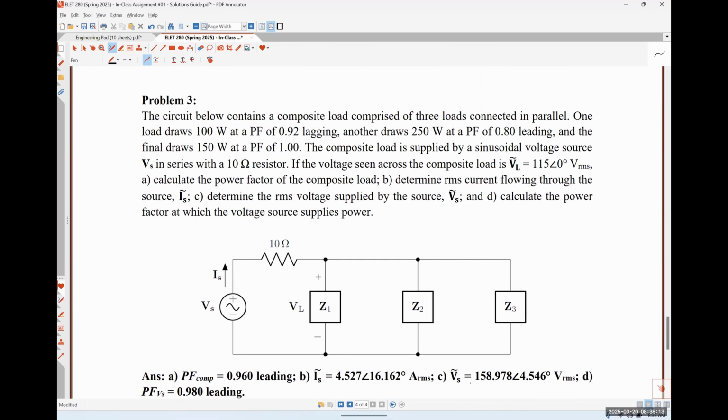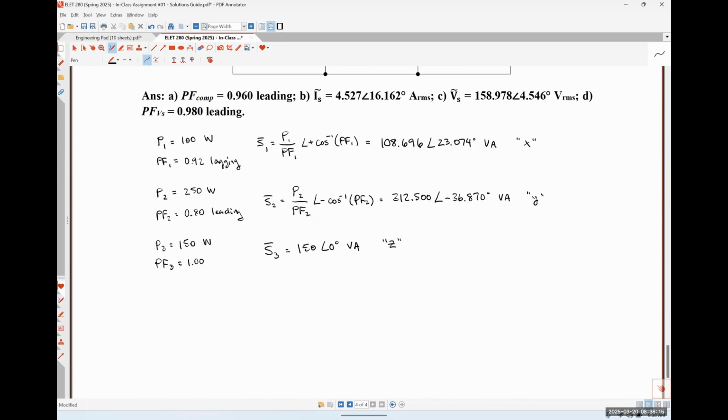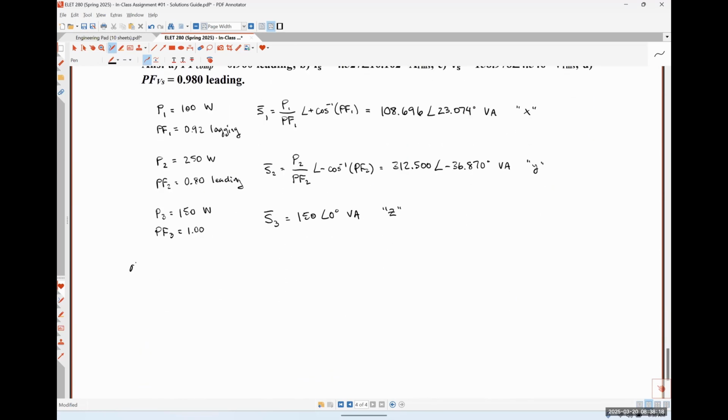So how would I determine the total complex power absorbed by my composite load? Anybody have any thoughts?